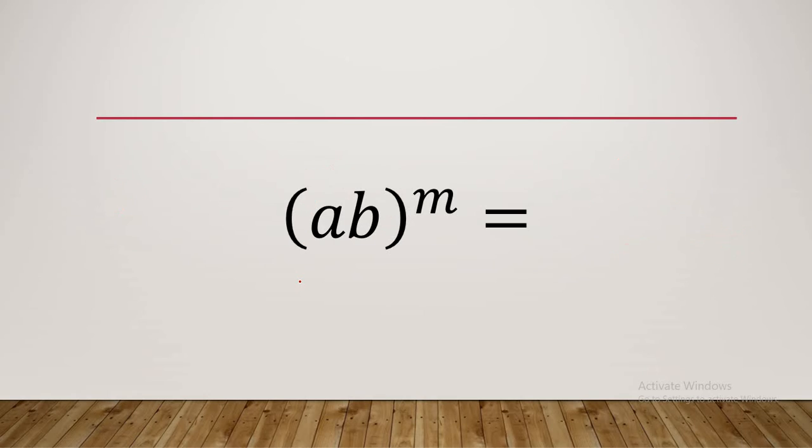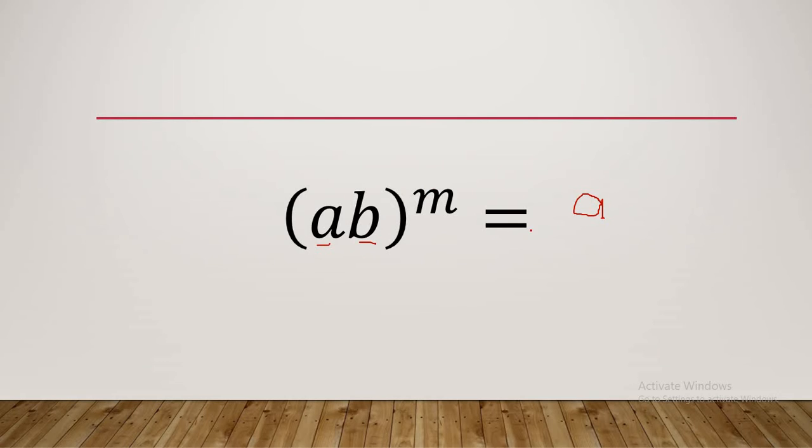Let's look at rule number 4. When we have in parentheses a, b, can you see the bases are different? We have a and b, different bases, all of this raised to the power m. Let's expand. You multiply whatever is in this bracket by the power m.